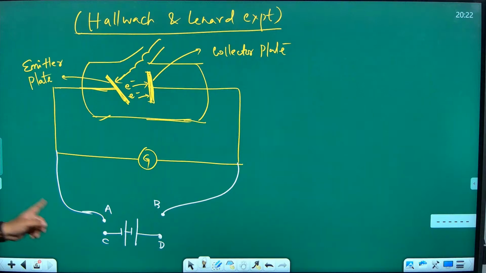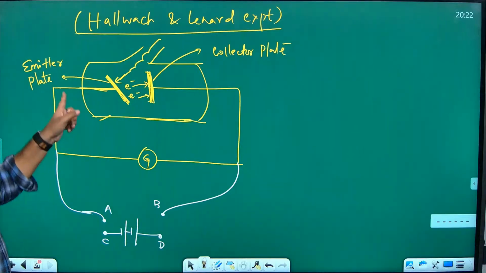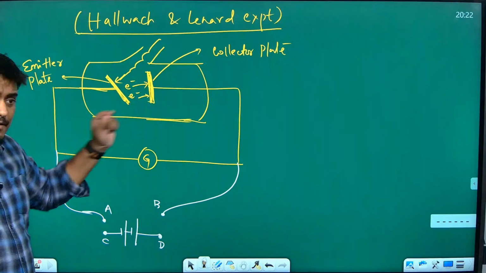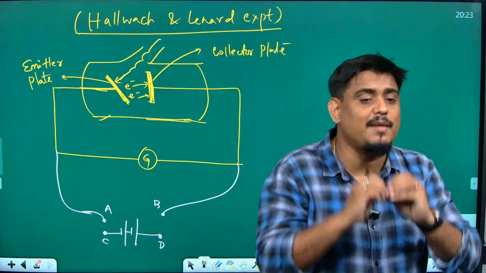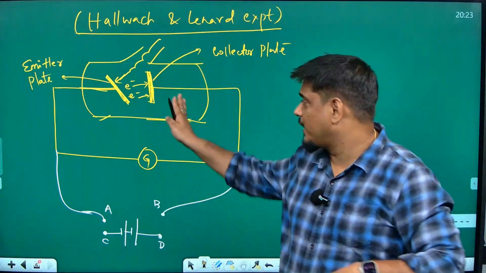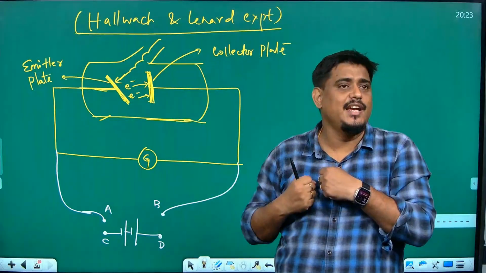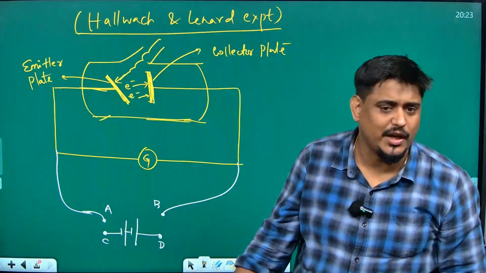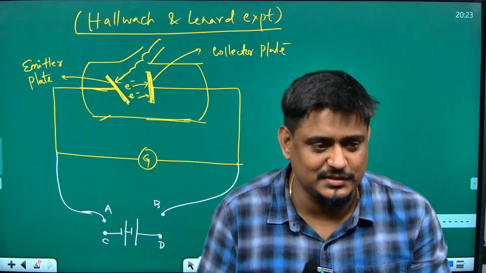If I connect A with D and B with C, this plate will become positive and this plate will become negative. What are we doing? Opposing the photoelectric effect. The electron comes out, the negative plate will push it, and the positive plate will catch it. It won't let it go to the collector plate, so it will reduce the photoelectric effect.